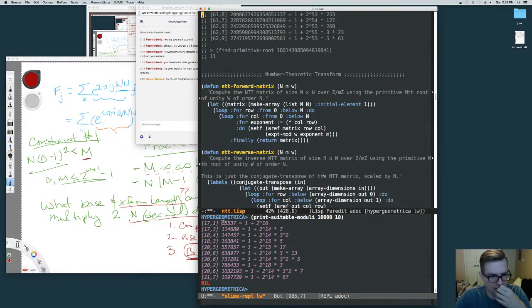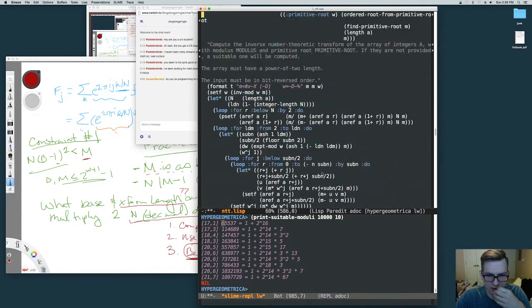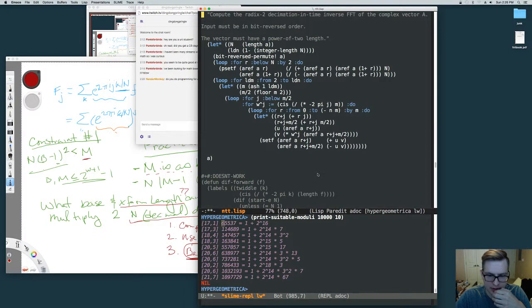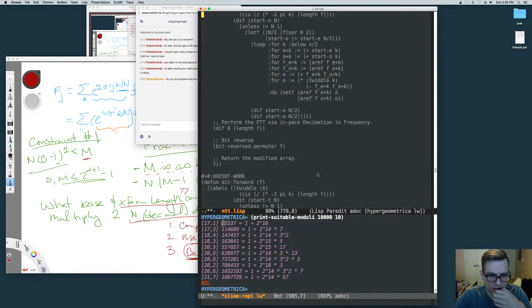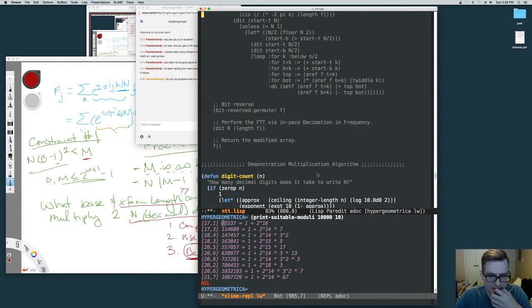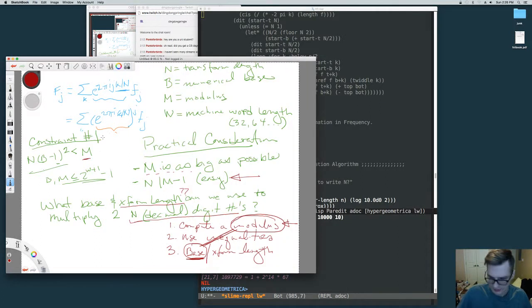Okay, so I think I know how I'm going to go about this. Let me get my tablet again. There's something else to this constraint right here, which I wrote right here.